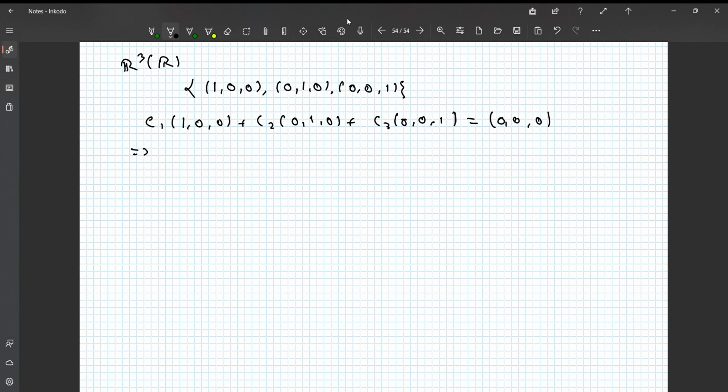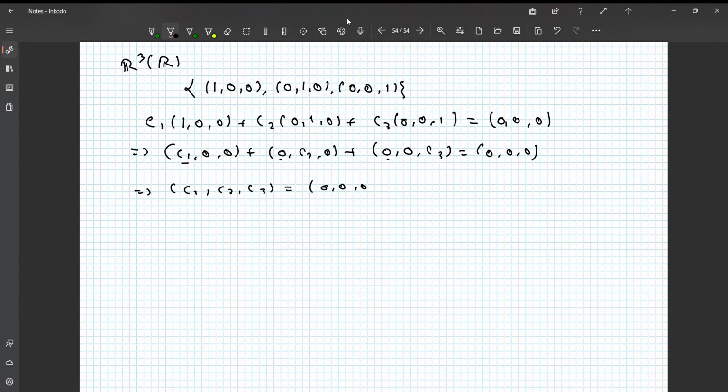The scalar multiplication defined on an n-tuple space is component-wise scalar multiplication and component-wise addition. This becomes (c1, 0, 0) plus (0, c2, 0) plus (0, 0, c3) equals (0, 0, 0). Adding them up component-wise, this is c1, this is c2, and this is c3. On either side of the equality, the comparison is again component-wise. So this implies c1 equals c2 equals c3 equals 0. Therefore this set is a linearly independent set.